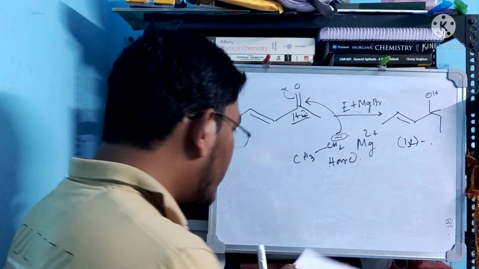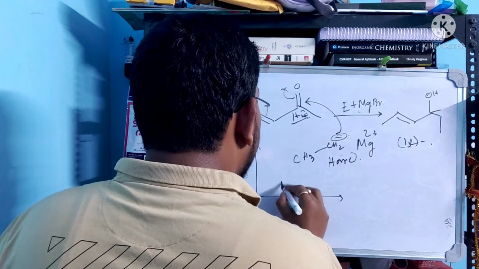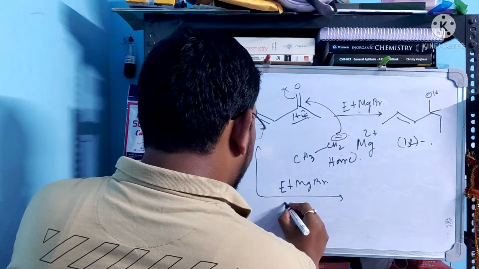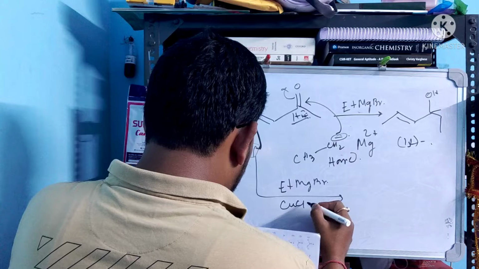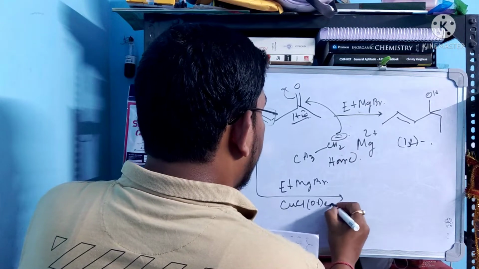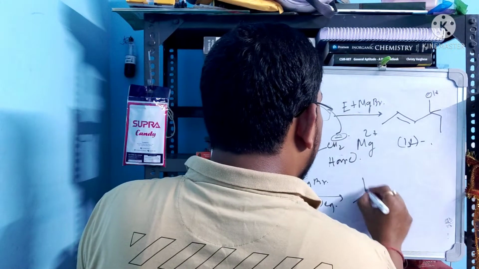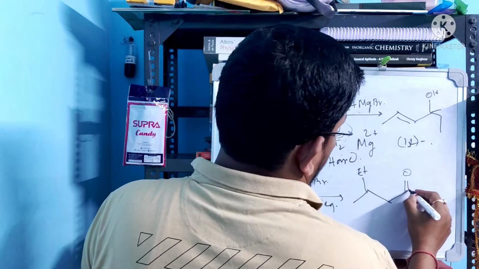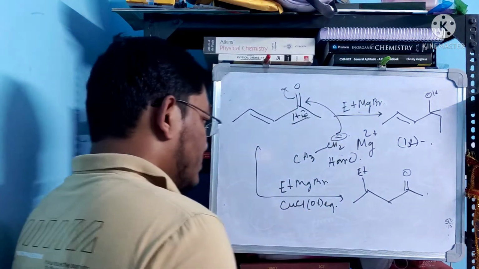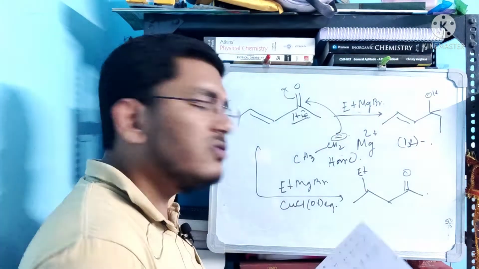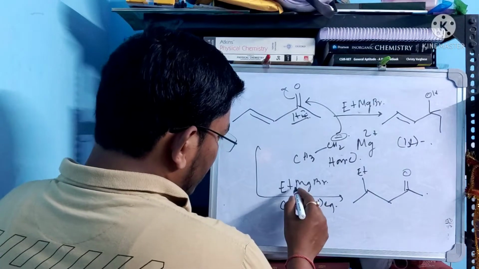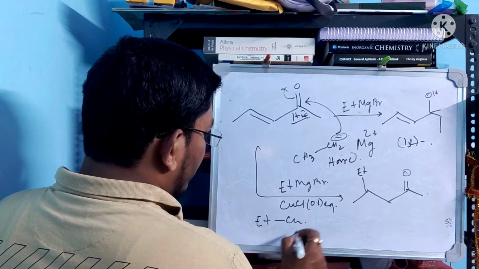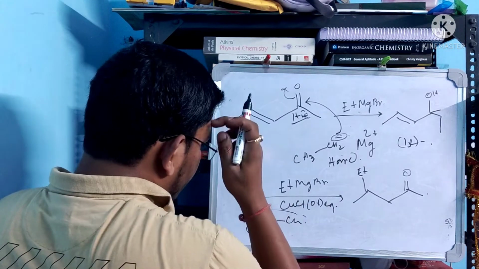If in this compound we use the same reagent with copper chloride, 0.1 equivalent, then we get this compound. Why is this so? Let's check. Due to transmetallation of organometallic reaction, we get this kind of intermediate.